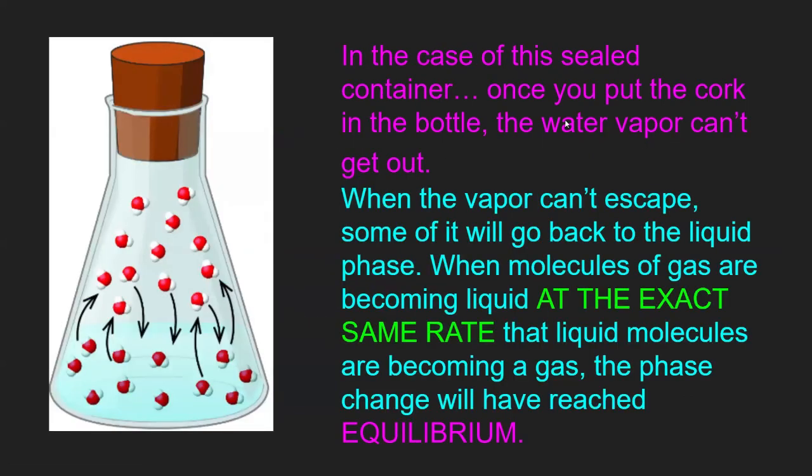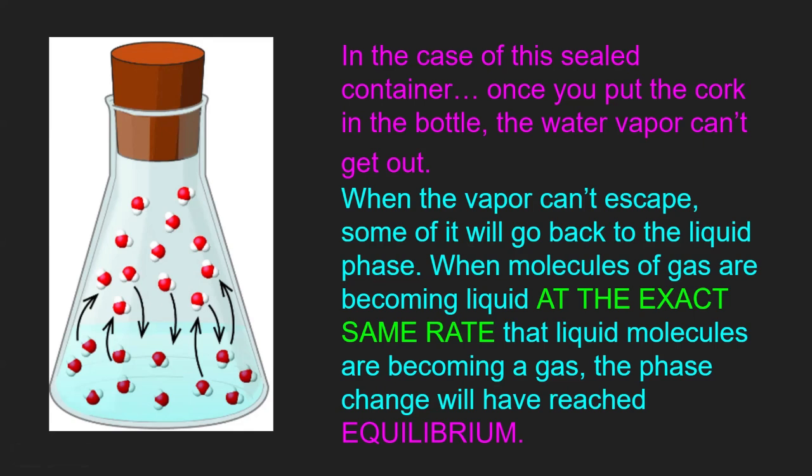In a sealed container where the gas can't escape, you will get an equilibrium that forms between the gas particles and the particles that are still in the liquid state. The equilibrium is not about the quantity, in other words, how many particles are in the gas state versus how many are staying in the liquid state.